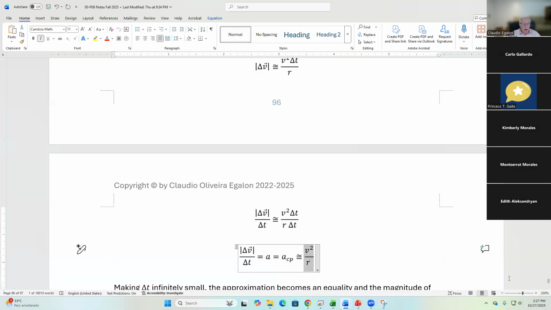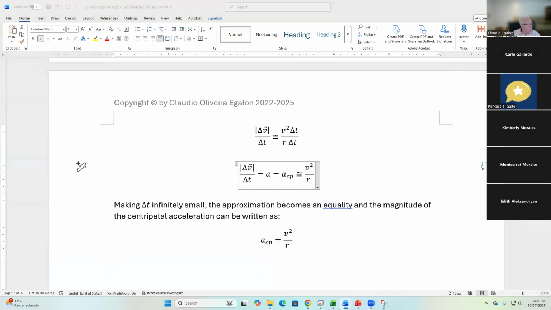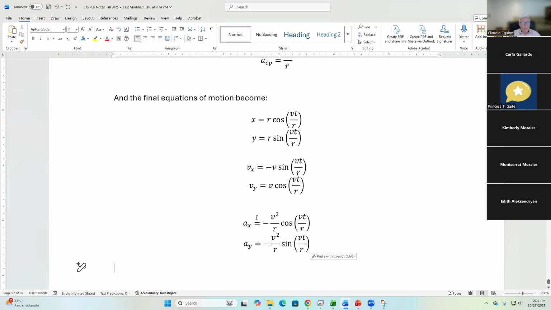We get V squared over R. And now all my six equations of motion become two equations for the position, two equations for the velocity, two equations for the acceleration.